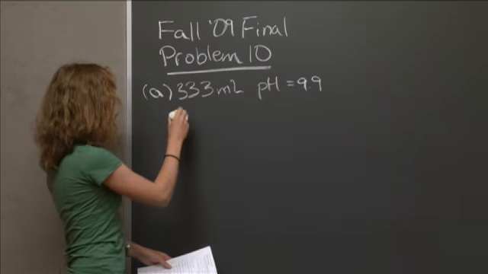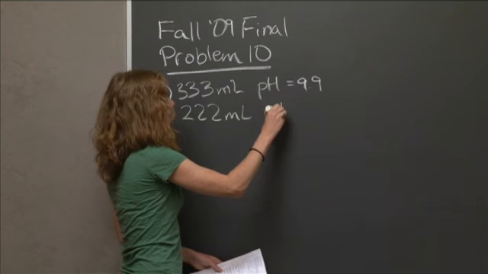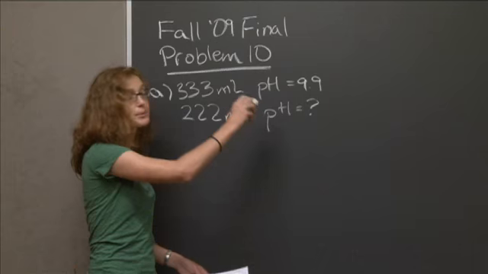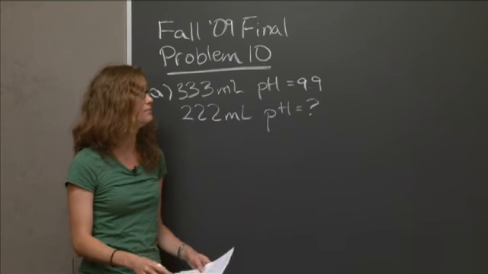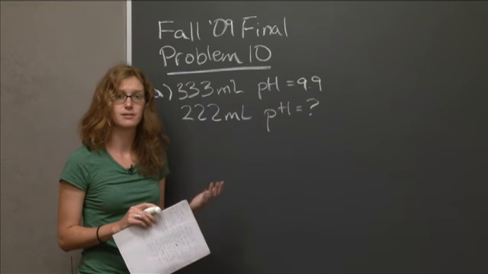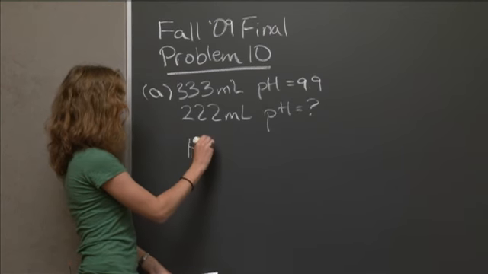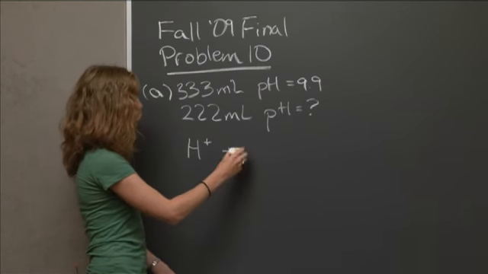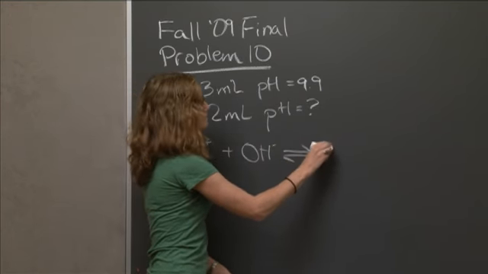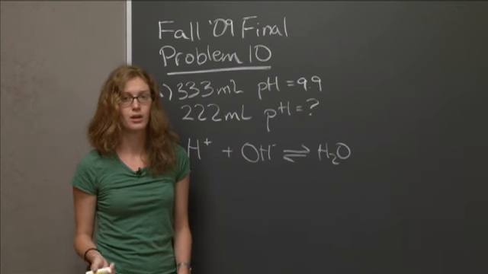And he's asking you, what must the pH be if you want to put in 222 milliliters in order to completely neutralize that basic solution? Now the key here is to recognize what neutralize means. A neutralization is when you take acid or protons and base and it reacts to form water, thus creating a neutral solution.